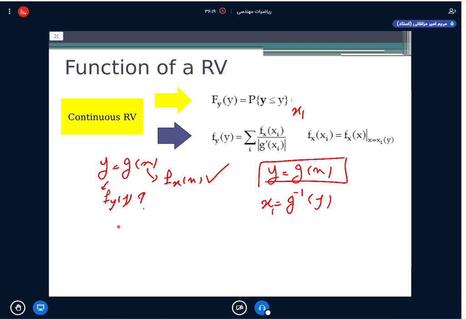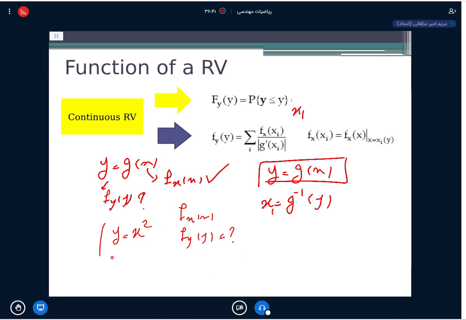For example, it's good that you discuss and study this example: y is equal to x to the power of 2. We know the PDF of x. What's the PDF of y?